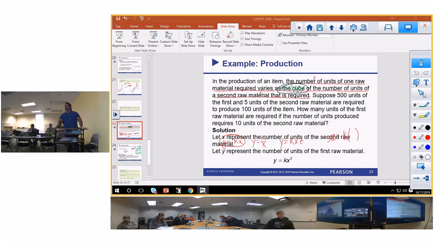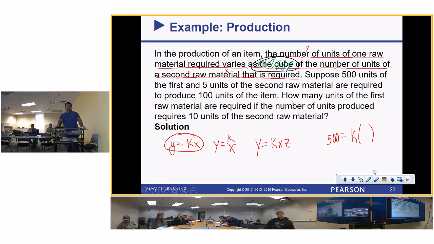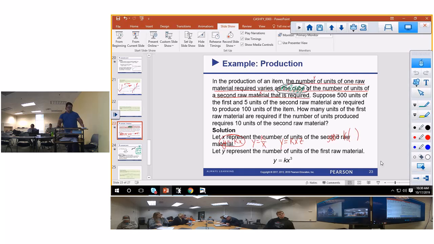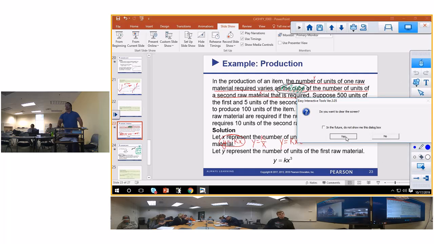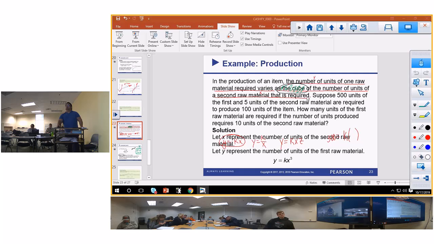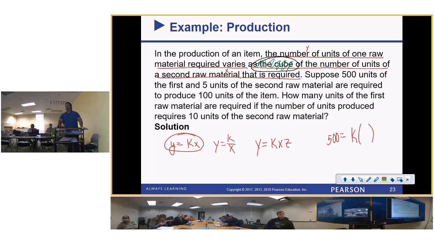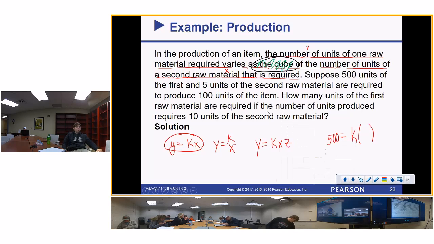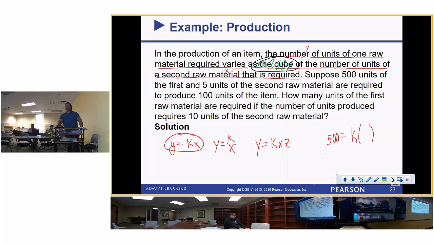Well, no. Let me pull it up. Current slide. Let me do it this way. Erase. Okay. From current slide. It's supposed to ask me to get rid of everything. This thing's having some kind of fit. Let me just erase what I can.